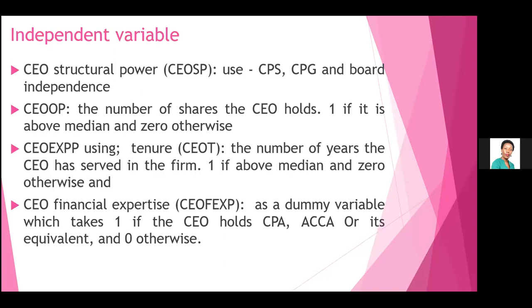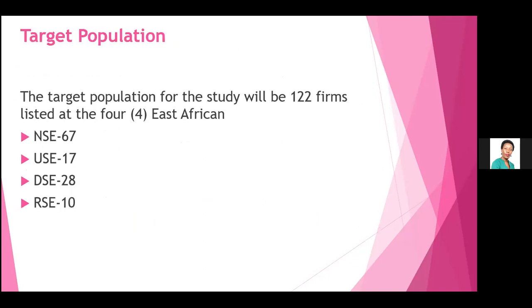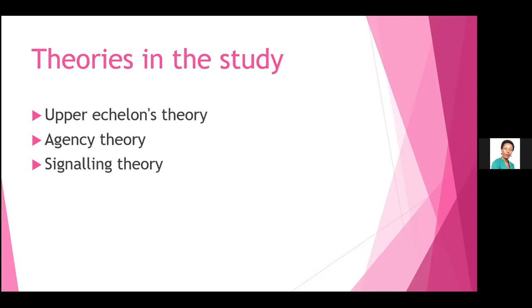Then, okay, the issue of theory has already been raised, but just go back to the slide on theory. This has already been raised, but just to add my voice. The theories you pick out here must be aligned with your conceptual framework.